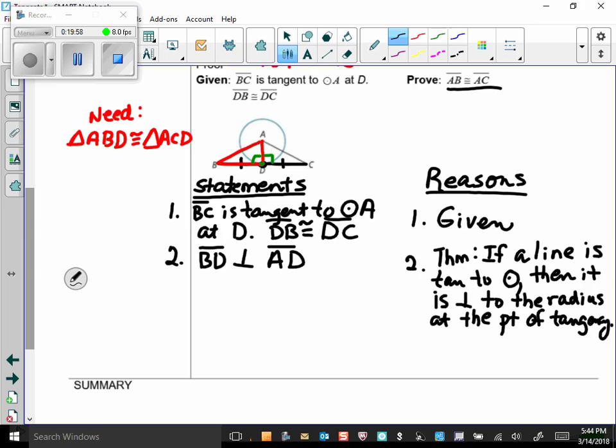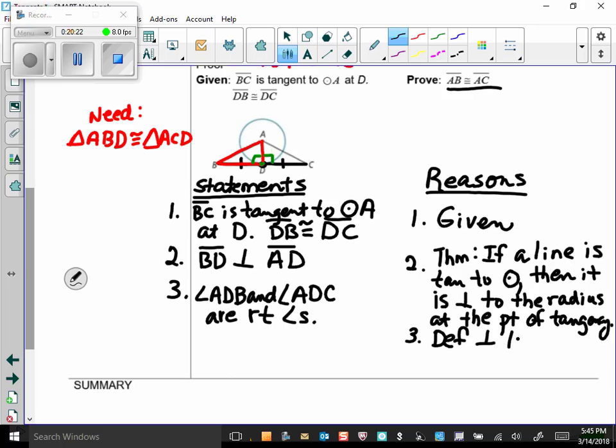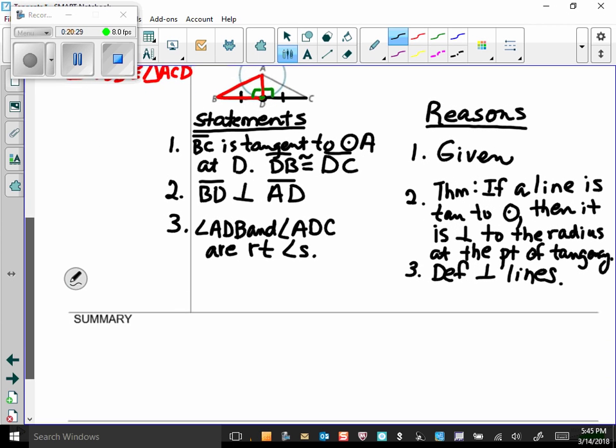Okay, so the fact that those two segments are perpendicular lets me know that angle ADB and angle ADC are right angles, right? And how do I know that? Because of the definition of perpendicular lines. You can go down and write into your summary area here. That's what we're going to have to do.